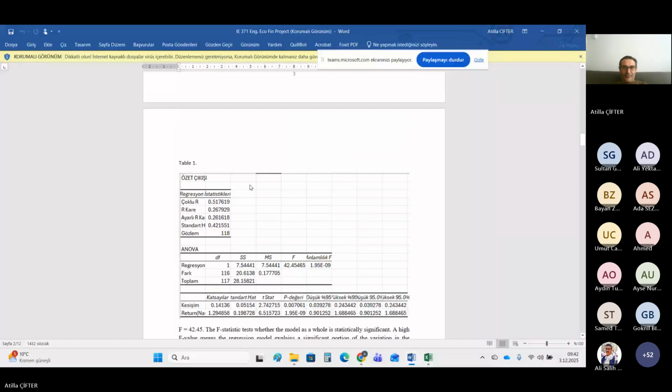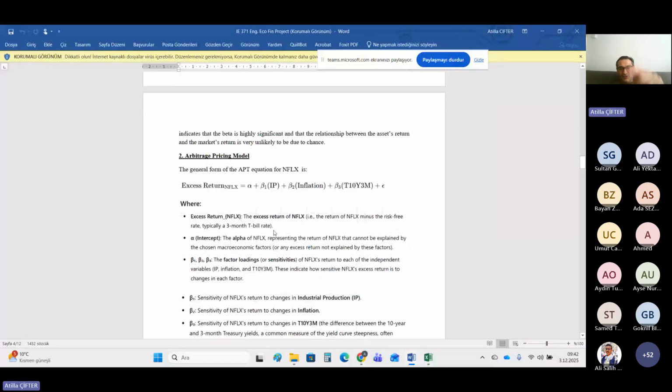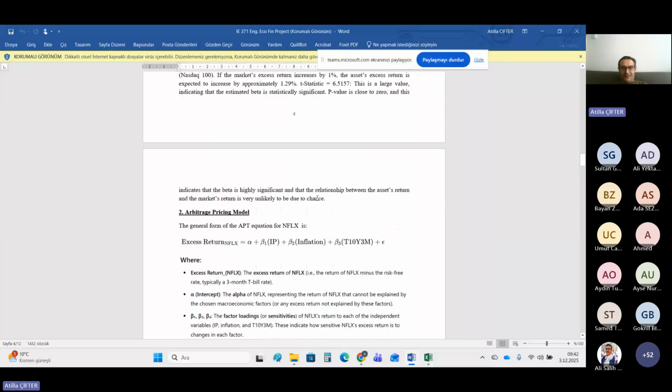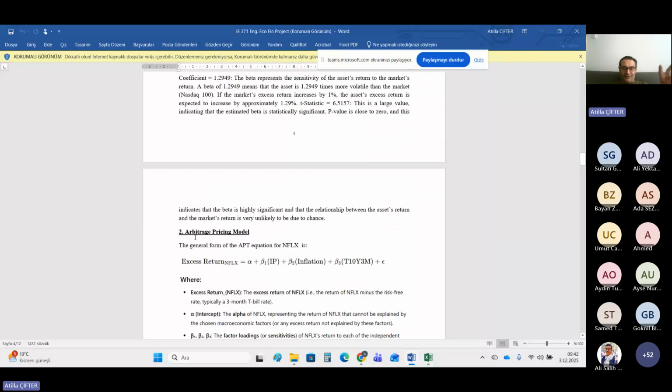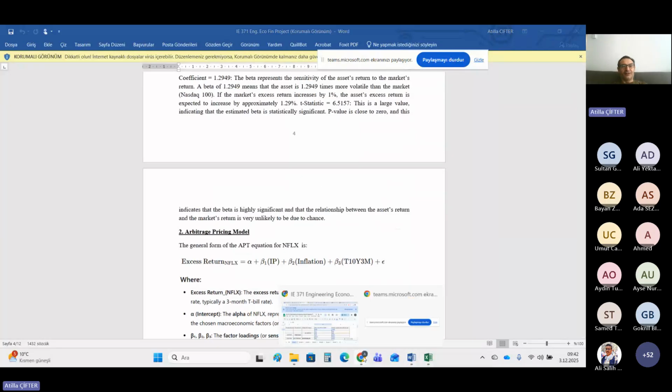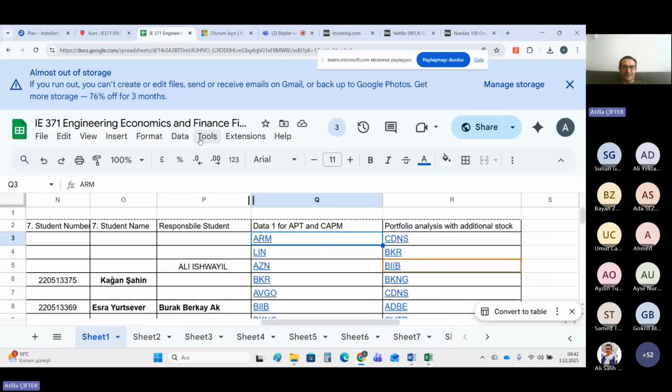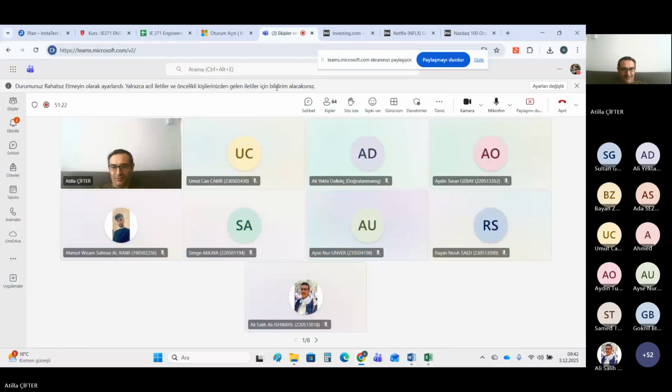And then I will provide you industrial production third, inflation fourth, and then three-month interest rate differential fifth, so that the other two, the stock returns, must be downloaded by you, right? Via investing.com that I explained at the beginning of this course.